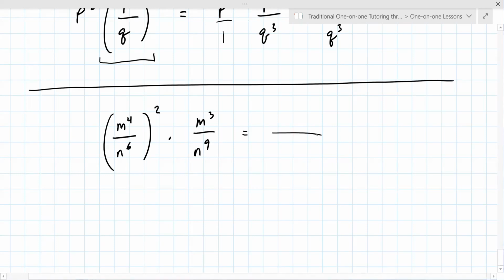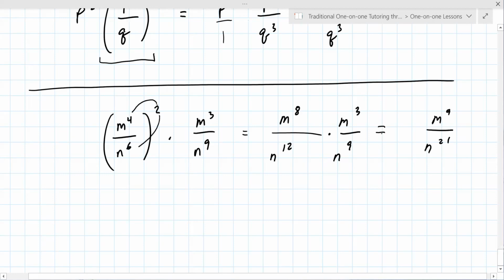So it would be m to the 9th over n to the 21st, I think. Okay, let's look at this. What did you do with this 2 here? I multiplied the 4 and then the 6. Okay, so it became m to the 8th over n to the 12th times m cubed over n to the ninth.